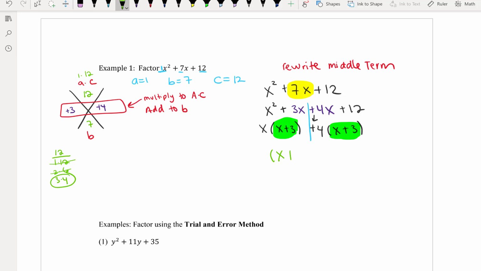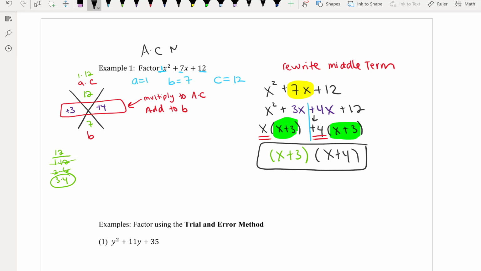So x plus 3 is going to be my common factor, and the leftovers go in their own set of parentheses, so x plus 4. So that is one way to factor using the AC method, and that is supposed to help me.